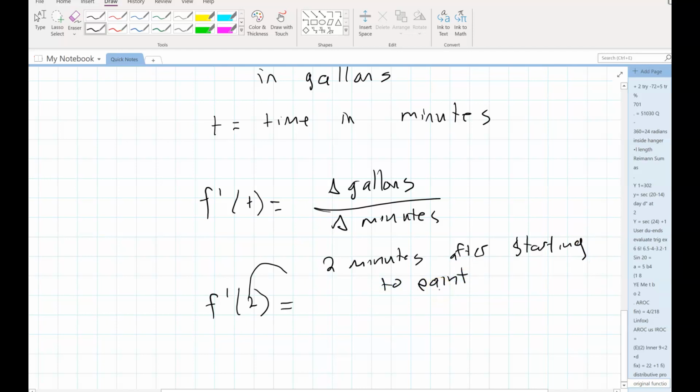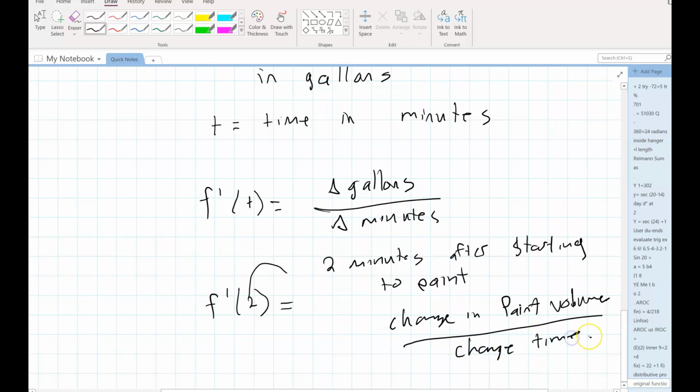And then the f prime would be gallons, or change in paint volume, I guess, if you will, compared to change in time. So in other words, how fast is the paint being used up 2 minutes into the time of painting?